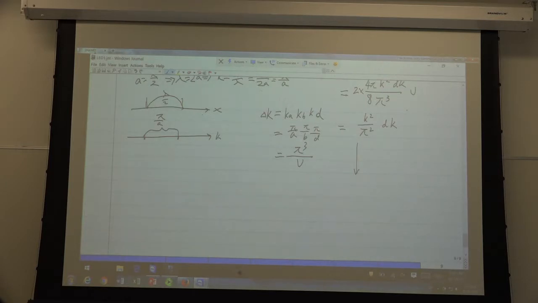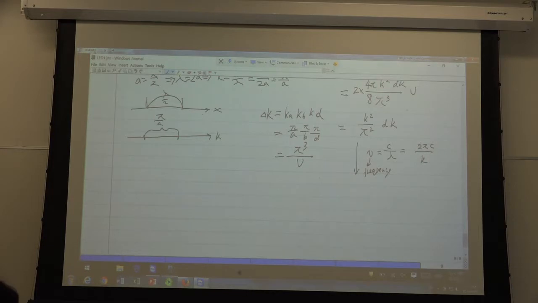Using V as the frequency, V equals C over lambda, and lambda equals 2 pi over k.